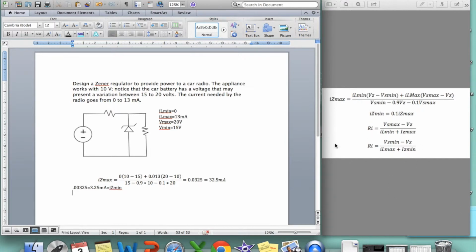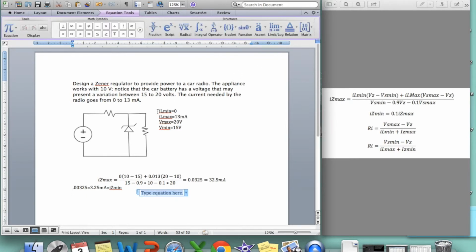And next we calculate Ri, which is this one, and because we got this IZ maximum, it's going to be the same values in this one and in this one, but we can substitute both so that we check it out.